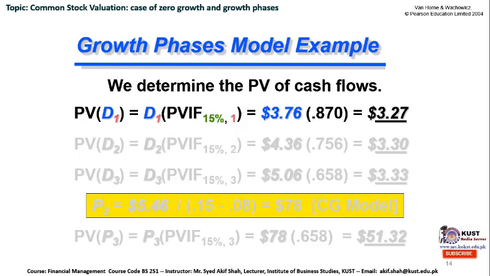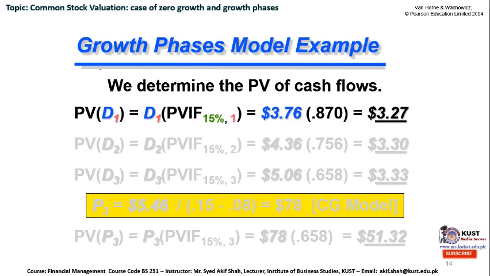How to do that? We have two mechanisms: either use the formula for calculating the present value for each similar or resembling type of mixed stream question, or we can use the present value interest factor table, which is quite simpler and easier than the formula mechanism.